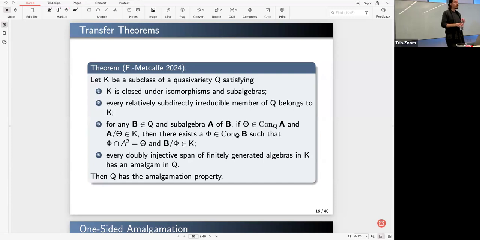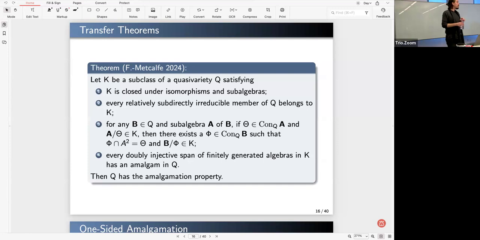The third item is something like a weak version of this congruence extension property, or Q congruence extension property. But for intuitive purposes, you can just understand it as congruence extension. And the fourth is that every span, I say doubly injective for this is redundant, but every span of finitely generated algebras in K must have an amalgam in the quasi-variety. If these stipulations are met for any class K, then I have that Q has the amalgamation property.